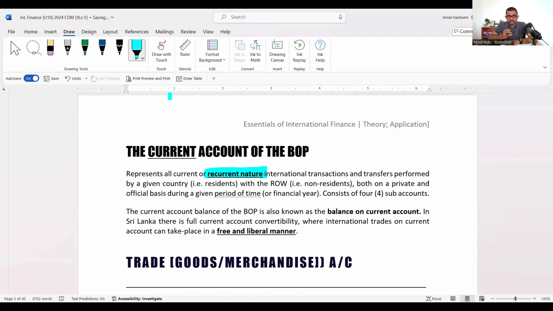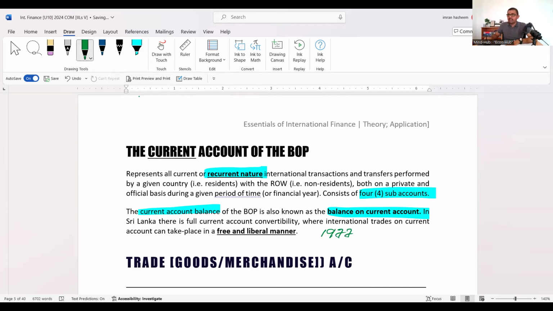Recurrent, reoccurring are the words. Then 4 sub-accounts are there. And the outcome is called the current account balance or the balance on current account. Remember in Sri Lanka, since we learned this with Unit 9, since 1977, right?